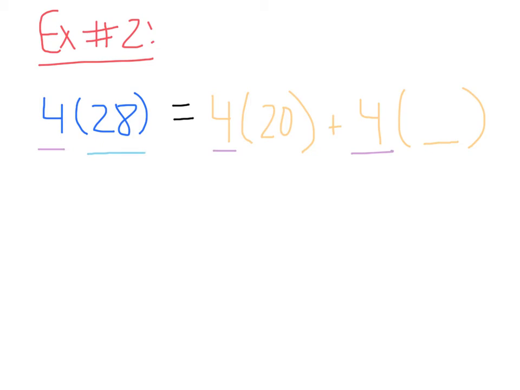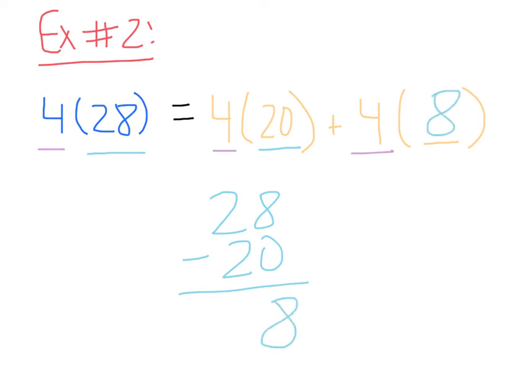So they already broke it down into 20, so think to yourself, what's 28 minus 20? And we know the answer to that is 8. So that is our missing number because that's what's left over. If we were to add the 20 and the 8, we want it to add up to this number on the other side of the equation, 28.